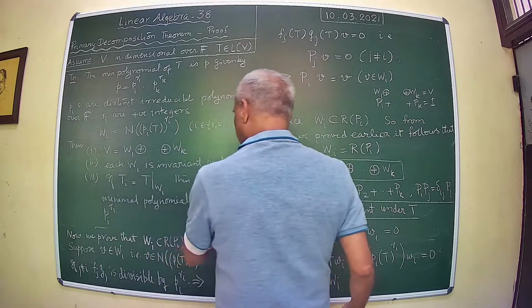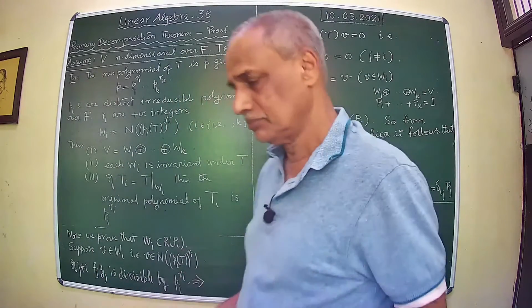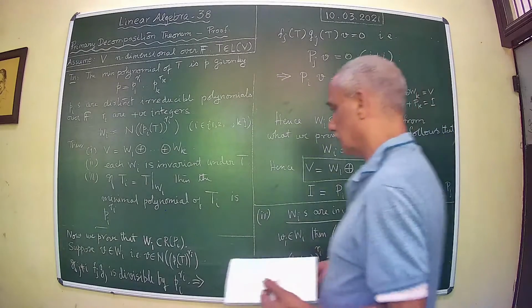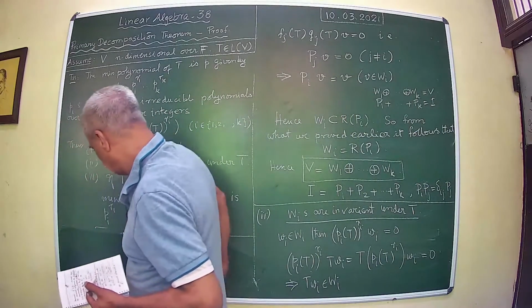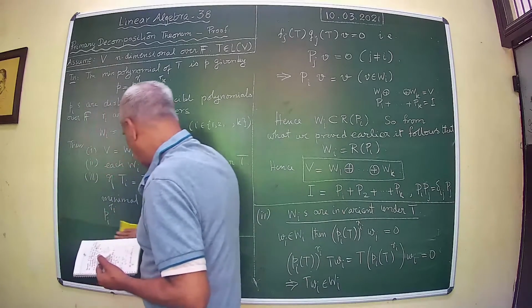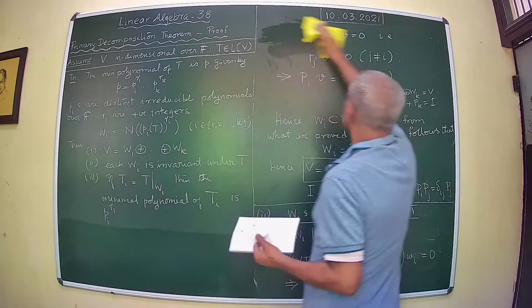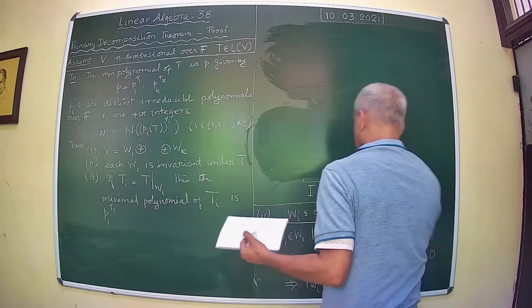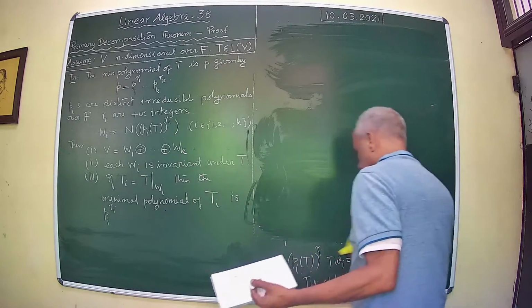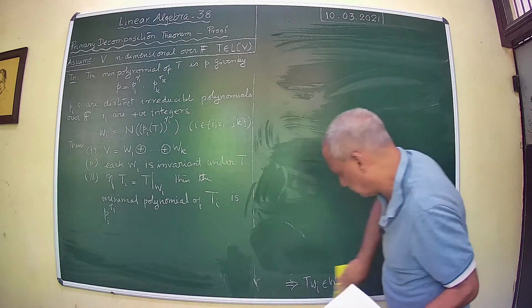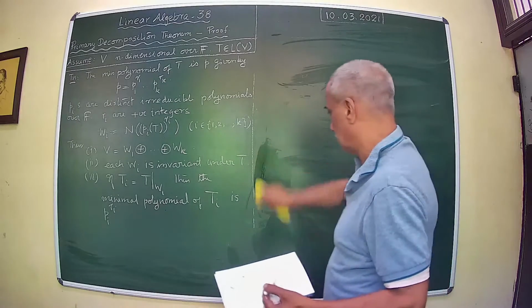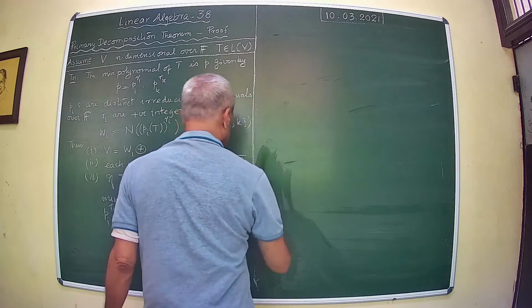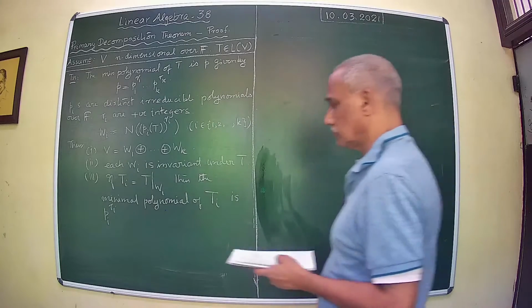Then the minimal polynomial for Ti is Pi to the power ri. So we prove the third part.